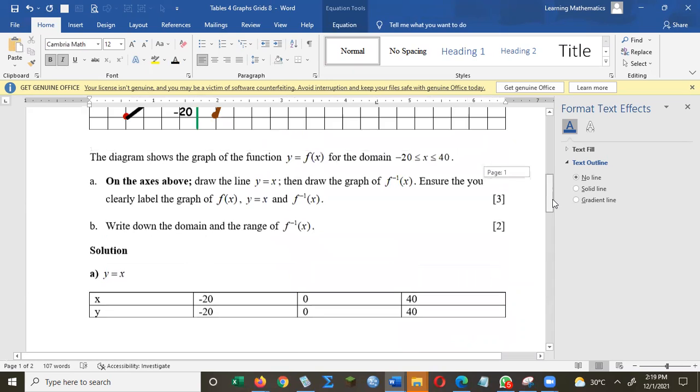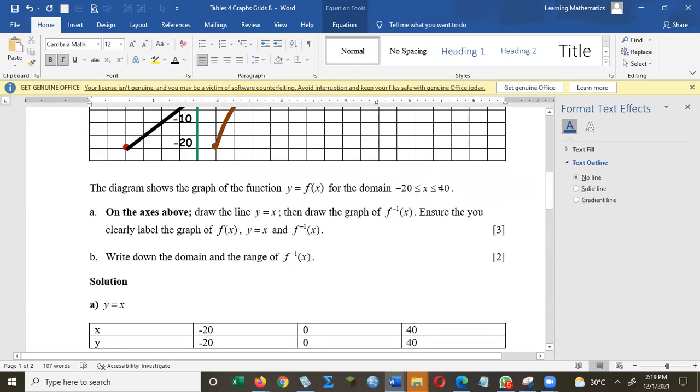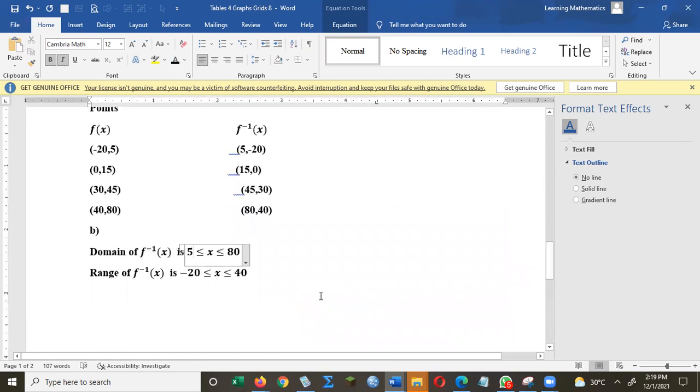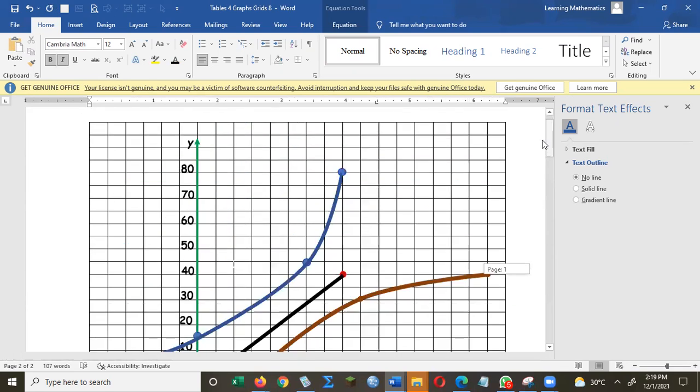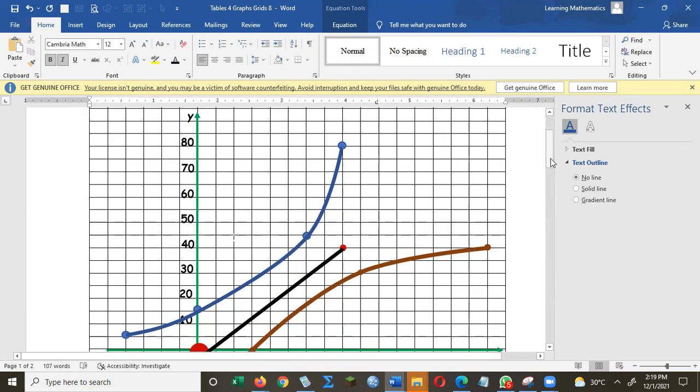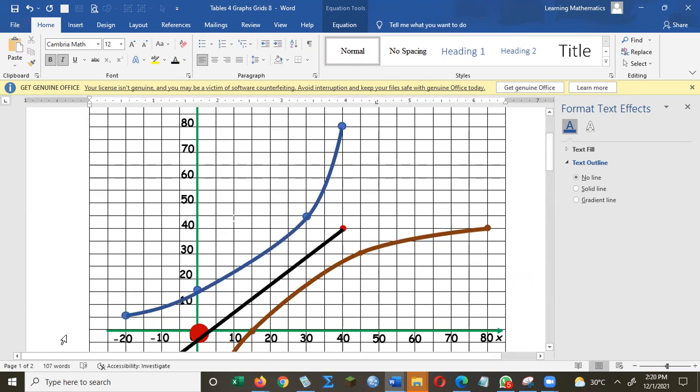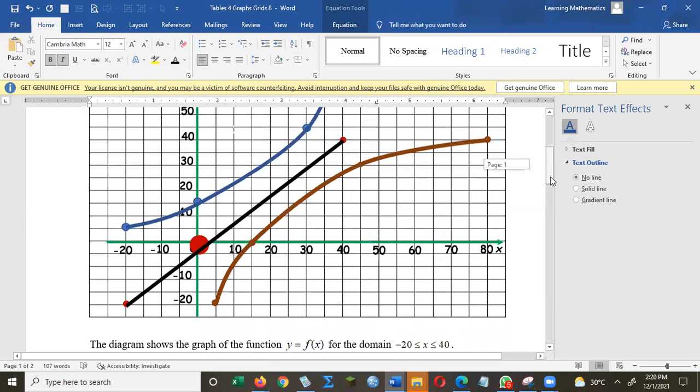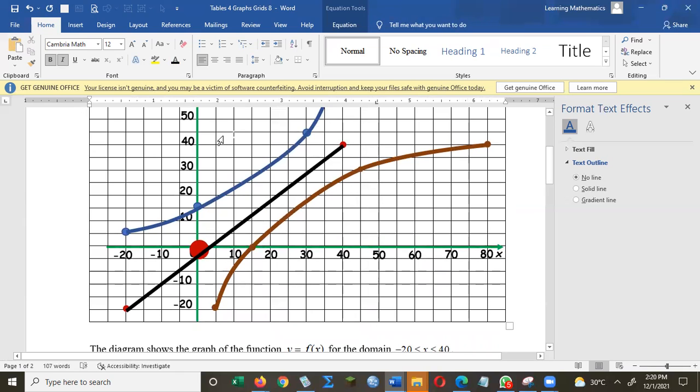The range of the inverse is the domain of the function, -20 to 40. Look at it, -20 to 40 is the domain of the function, and it turned into the range of the inverse. It's like a swap. So here you have it. That's what you do for the final question in the quiz.